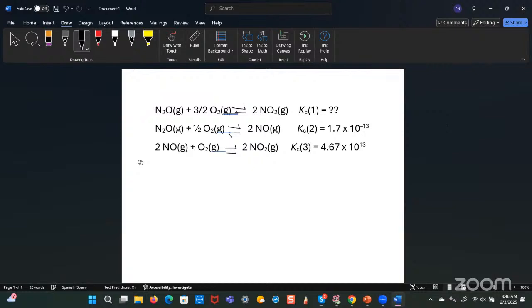Okay, so these are the three equations. They gave you the Kc value for the second and third equation, but now they're asking for this.